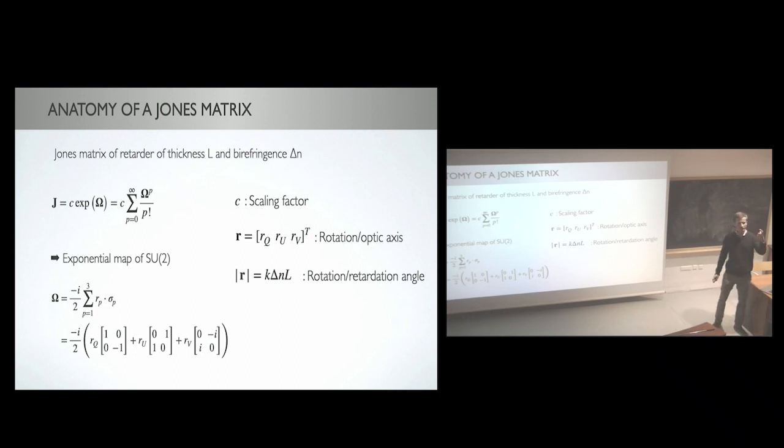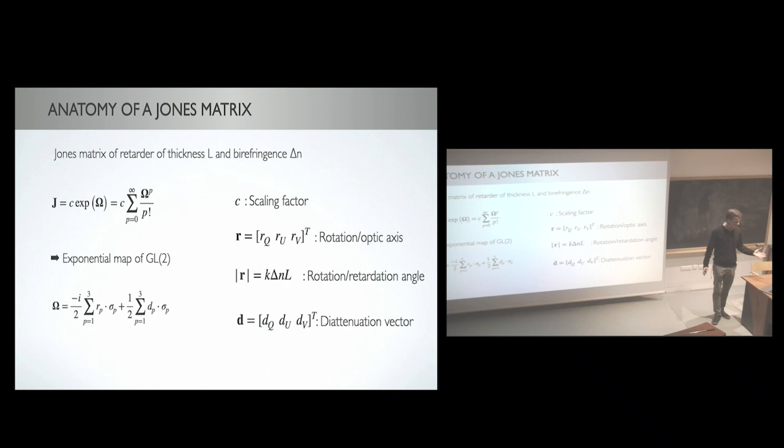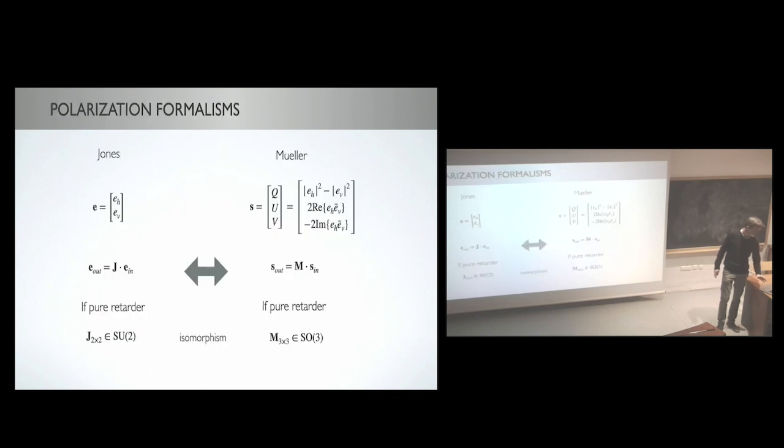And the length of the vector corresponds to the amount of rotation or retardance in that space. This can be extended to also include diattenuation in a more general case. So far, we haven't really encountered any meaningful diattenuation in the samples we have investigated. So for now, let's stay with this isomorphism between SU(2) and SO(3) to think of these polarization effects that we're observing.